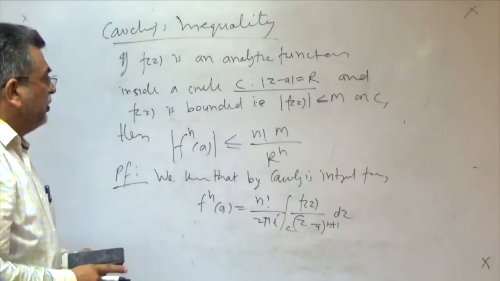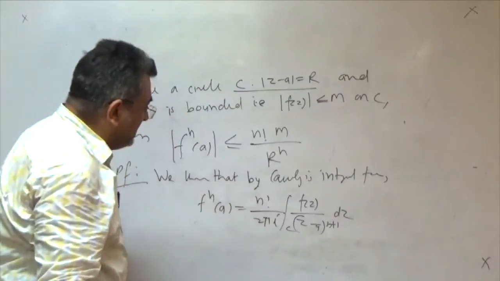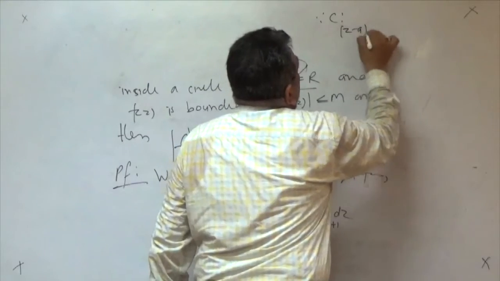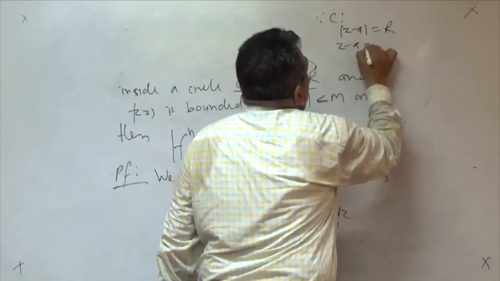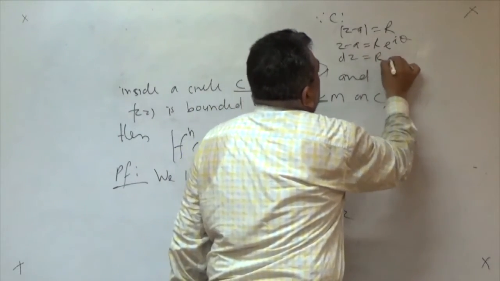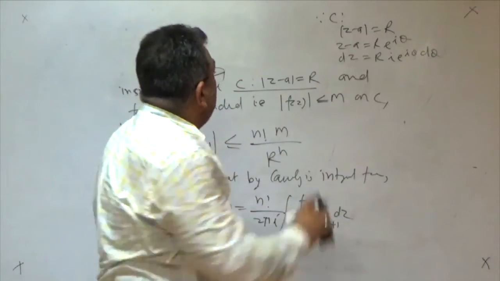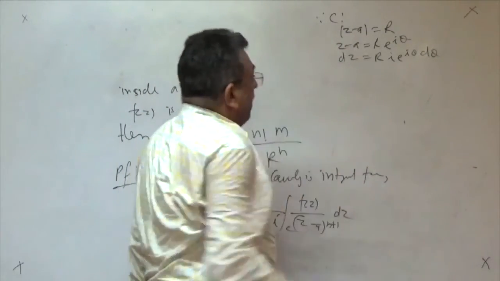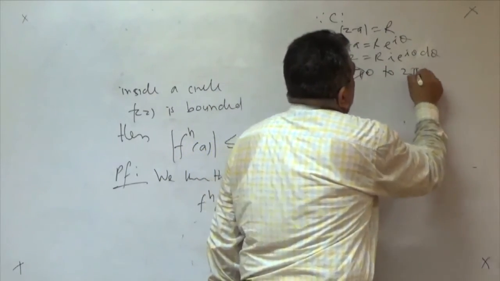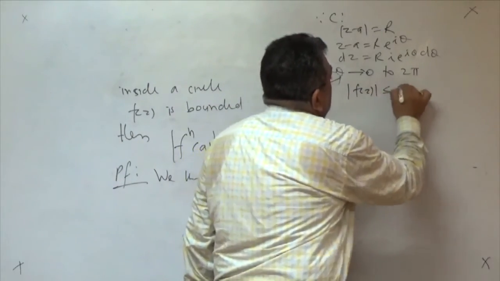So we can prove this inequality easily by this formula, because on C we have |z minus a| equal to r. Open this, then z minus a equal to r e^(i theta), and you know that here dz equal to r i e^(i theta) d theta. Because C is a circle, around the circle the limit is theta from 0 to 2 pi, and also on C, mod f(z) is less than or equal to M.